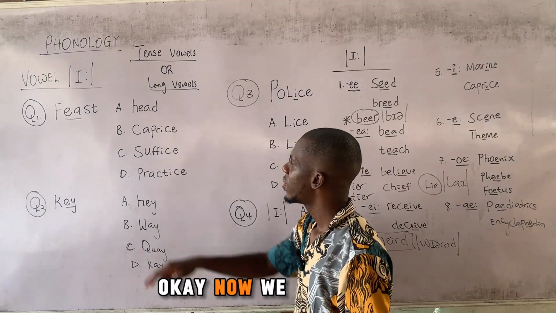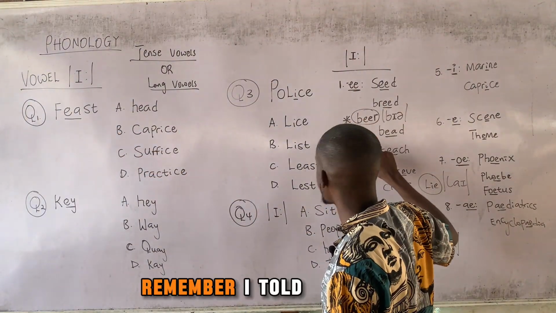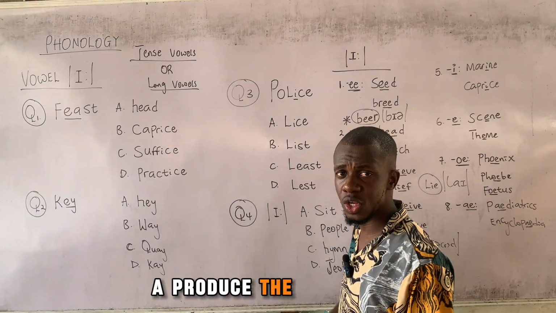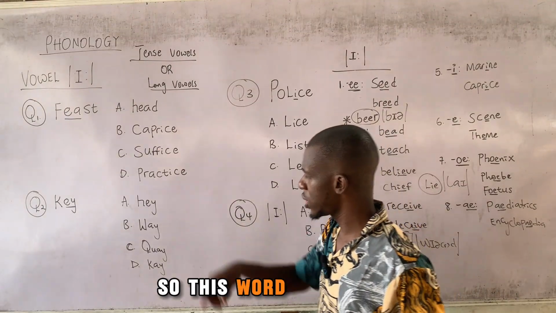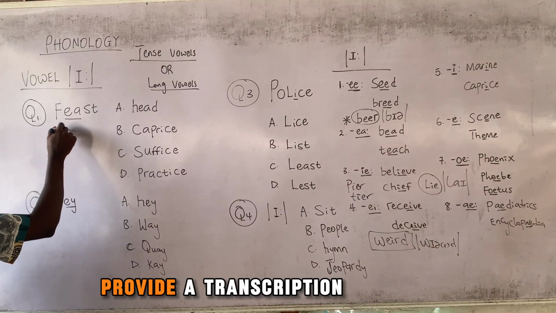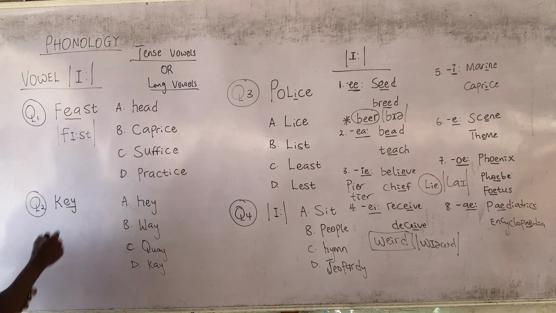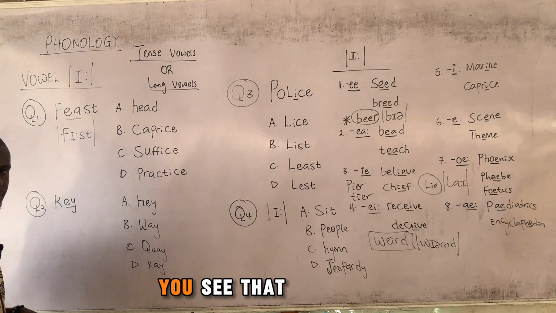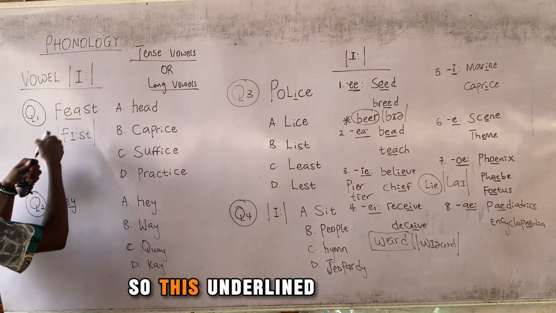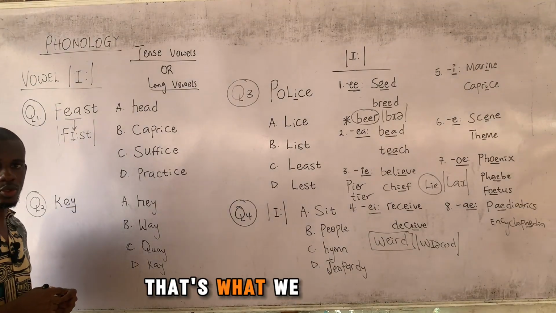Now, we have feast, EA underlined. Remember I told you the letters EA produce the long E sound. So this word is called feast. Let's attempt to provide a transcription for it. This is it, feast. You see that now? So this underlined part is actually the long E sound. That's what we're looking for.